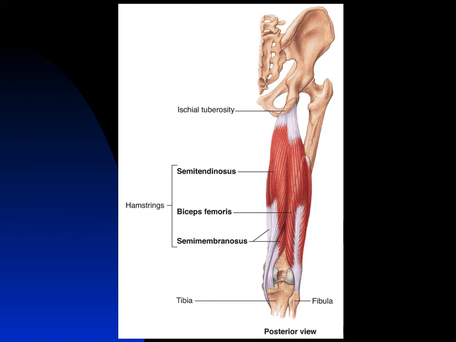Okay, here's a posterior view of the last major group of muscles here of the leg. These are the semitendinosus, the semimembranosus, and the biceps femoris. These are the muscles that flex the knee. As a group, these are called the hamstrings. These are really large muscles involved in running.